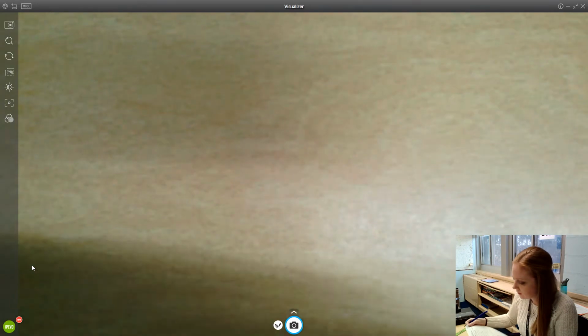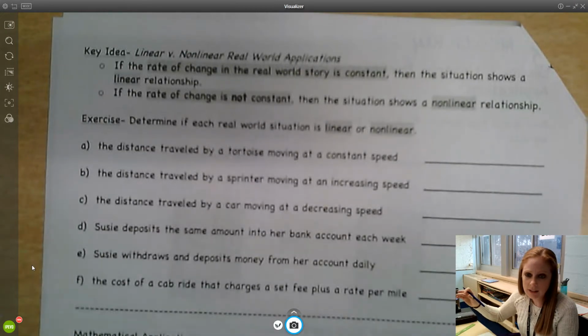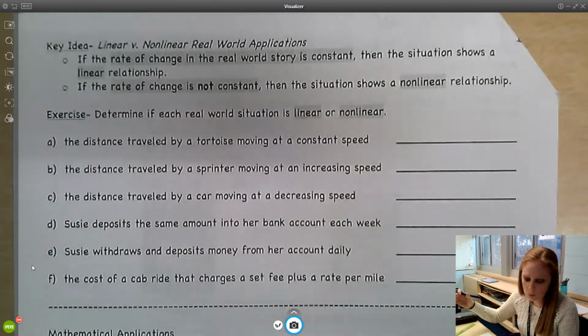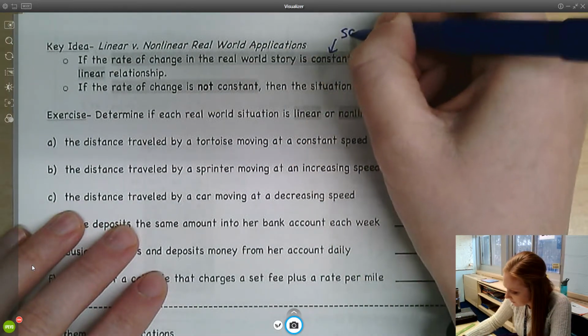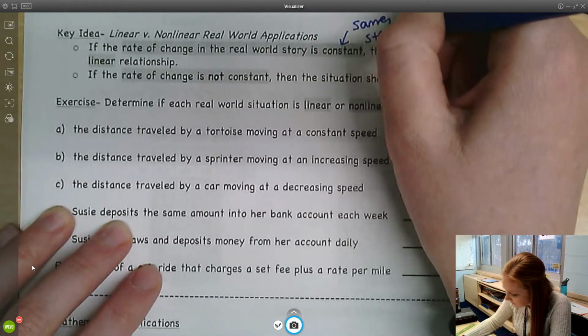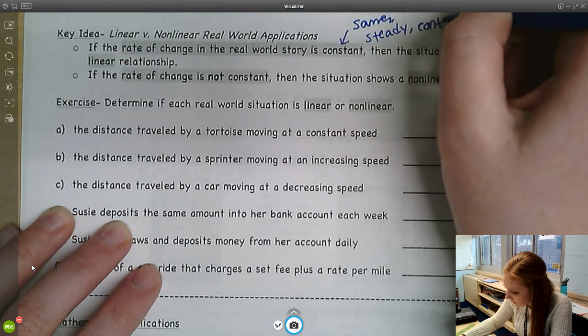Okay, let's figure out if these real-life situations are linear or not linear. If the rate of change in the real-world story is constant, then the situation will be linear. If the rate of change is not constant, then the situation would be nonlinear. So it's important to know that constant means the same, steady, continuous, words like that.